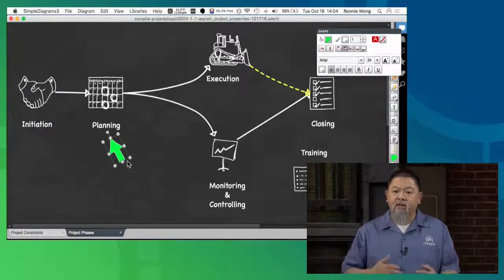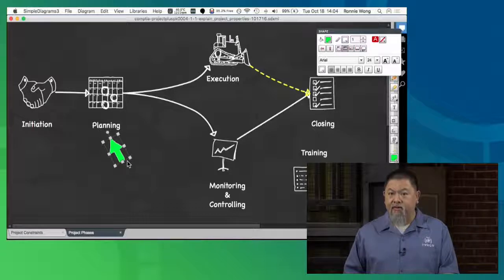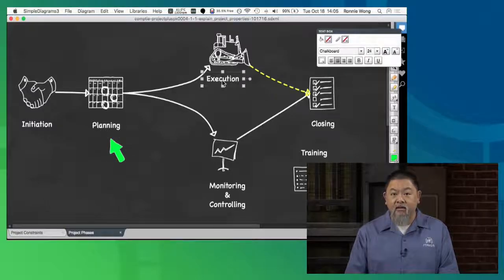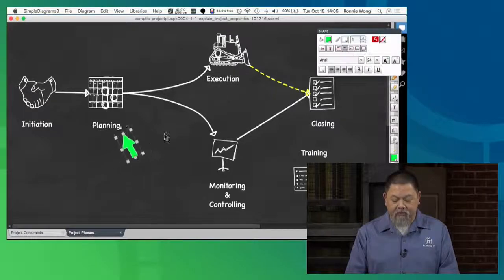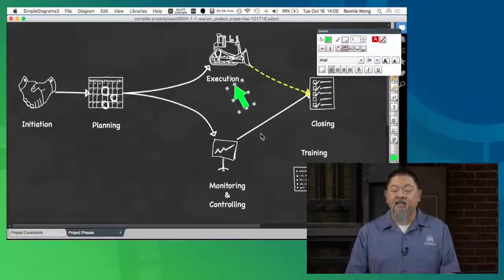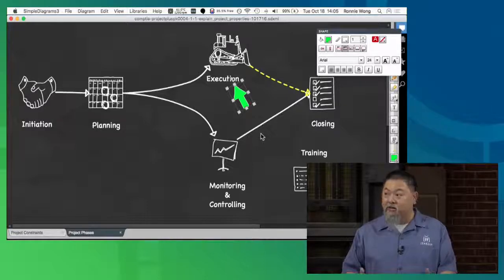Now normally, because of the way that we describe it, and we only have to describe it linearly, in other words, that's the only way that we can do it, it's very difficult to show you that when it comes down to executing the project itself up here, let me see if I can move my arrow so that we can see that. Executing the project, which is just getting the work done on the project and some of the things that have to be managed there.